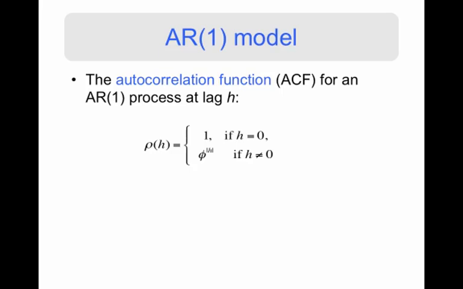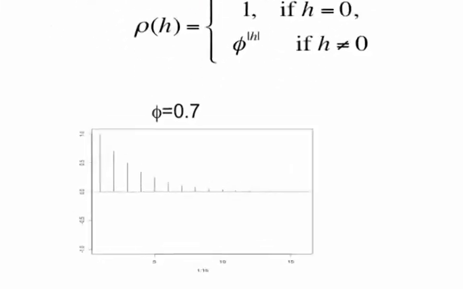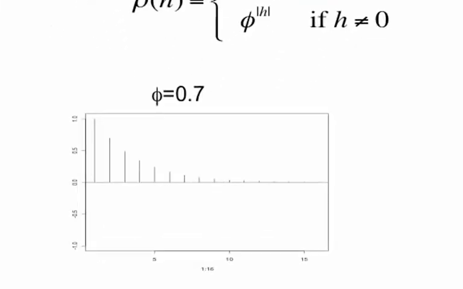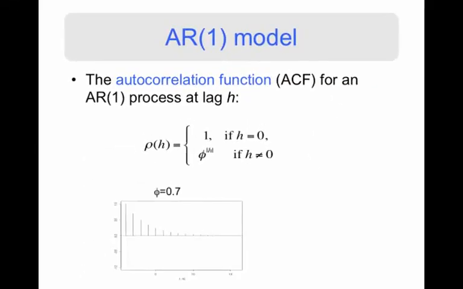At lag 2, two error terms are correlated by the factor φ², and so on. For the example where φ is equal to 0.7, the correlation decays in an exponential manner: correlation 1, then 0.7, then 0.7 squared, which is about 0.5, and so on, all the way down. After, say, 10 to 15 time points, there's no correlation between error terms. So the correlation dies out slowly here.